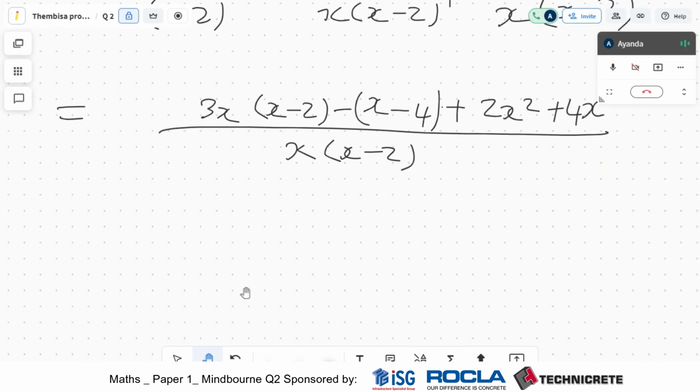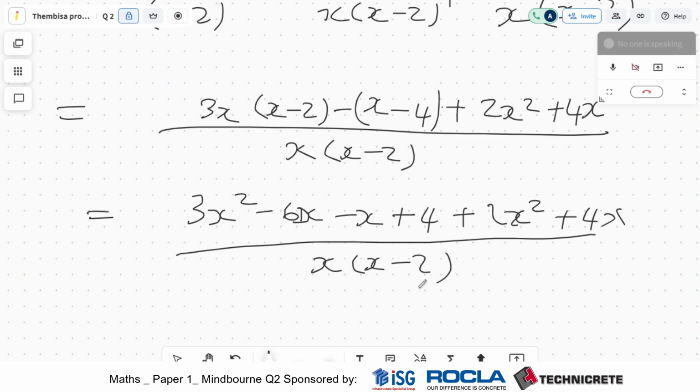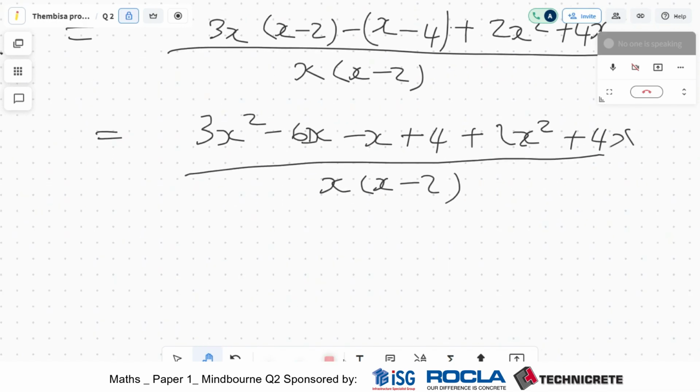Now we can just expand everything and simplify. We'll have 3x squared minus 6x minus x plus 4 plus 2x squared plus 4x, everything divided by x times x minus 2. If we add all of this together, we have 2x squared plus 3x squared.